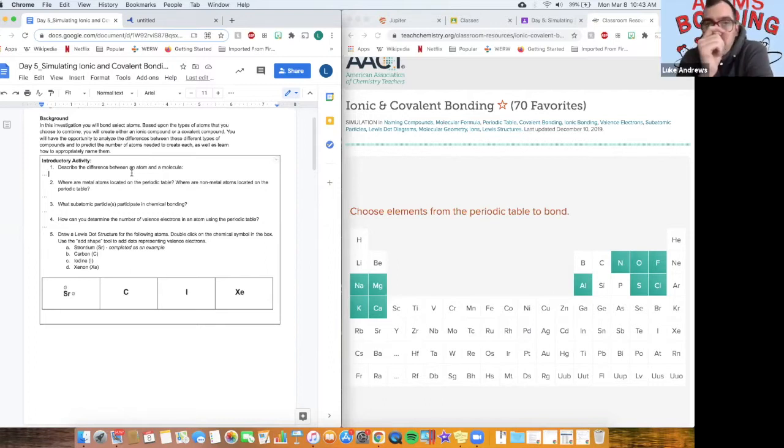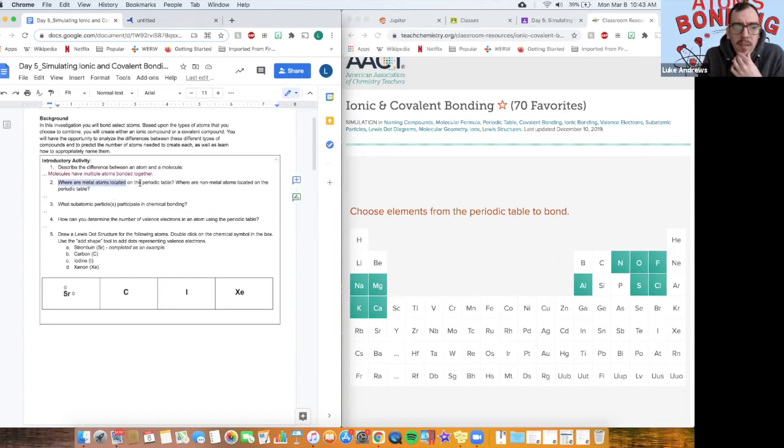Atoms are individual pieces of an element. Molecules are individual pieces of a substance. But the key difference between an atom and a molecule is that a molecule can have multiple atoms bonded together. That's your key difference, is that molecules have multiple atoms bonded together.